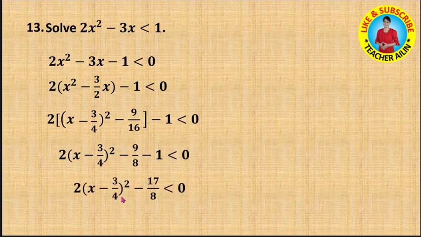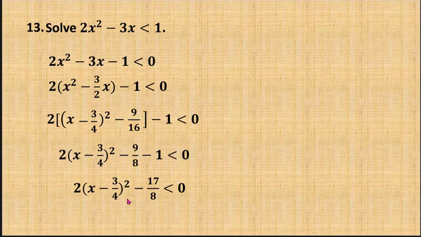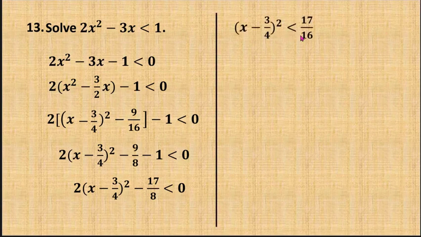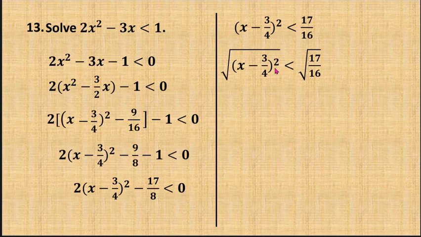Now I'm going to solve the inequality without using graph. So first I shift all the constants to the right hand side. Then square root both sides. The square root of x minus 3 over 4 power 2 is equal to the modulus of x minus 3 over 4.